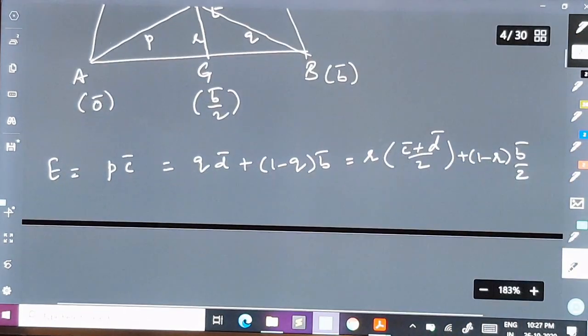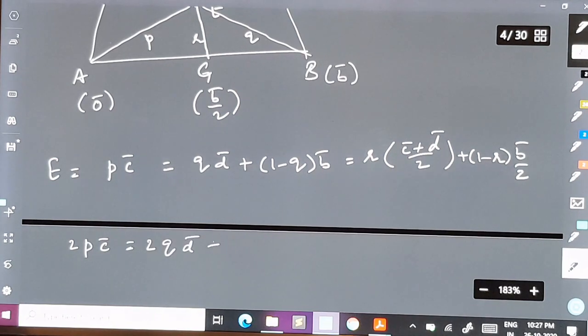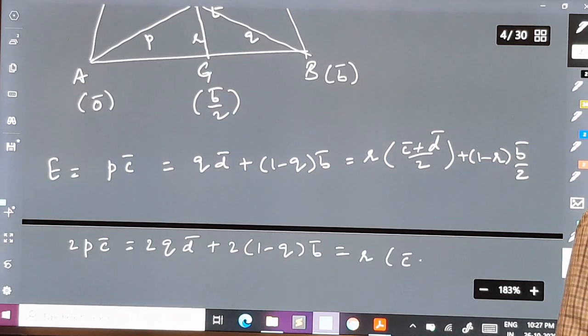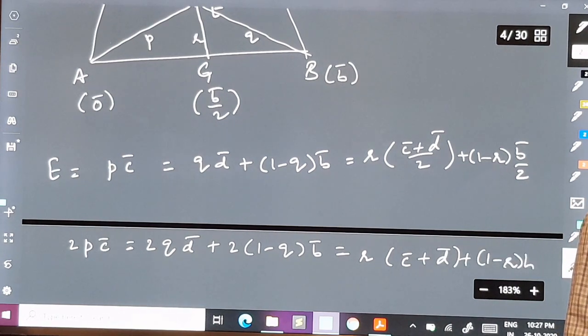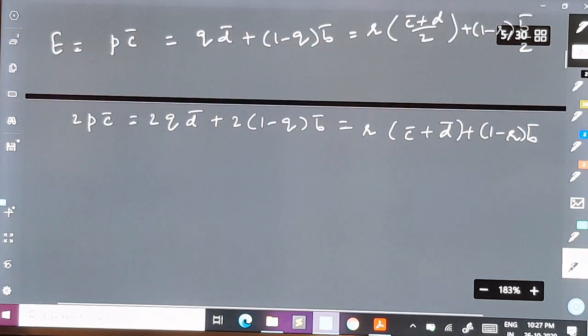Then I will have 2PC bar is equal to 2QD bar plus 2 times 1 minus Q into B bar is equal to R into (C bar plus D bar) plus 1 minus R into B bar. Now I call these 1, 2, 3.